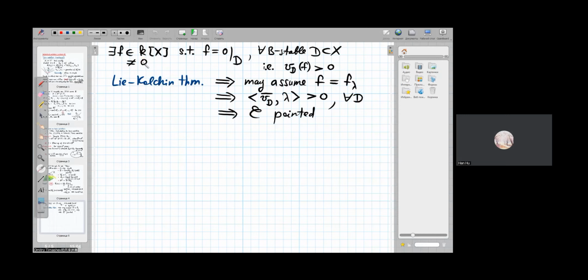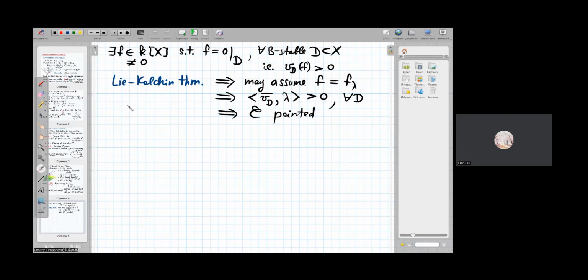It contains unipotent elements. I see. Unipotent. Yes, the element that cannot be diagonalized. Yeah. Exactly. So the Lie-Kolchin theorem guarantees that you have a B-stable line, but it does not guarantee that you have a B-stable complementary hyperplane in this line.